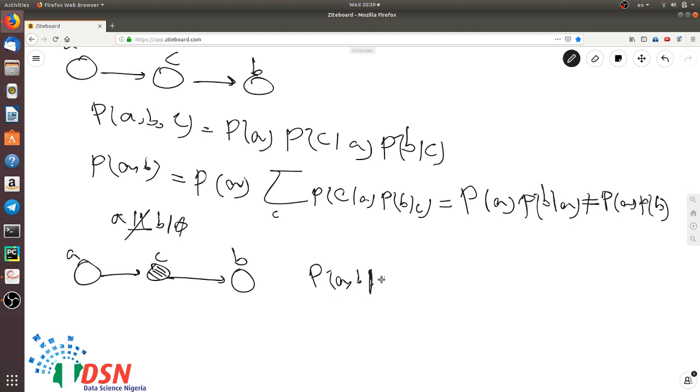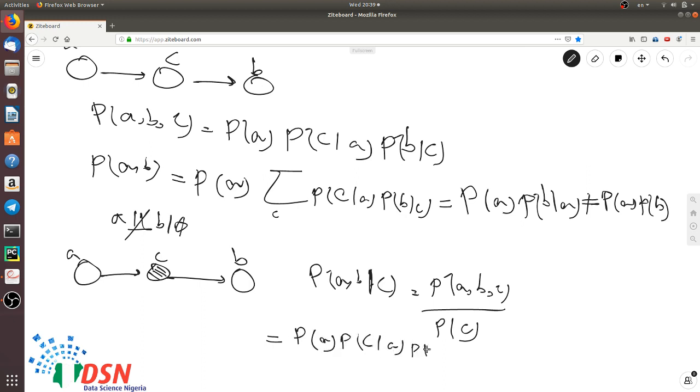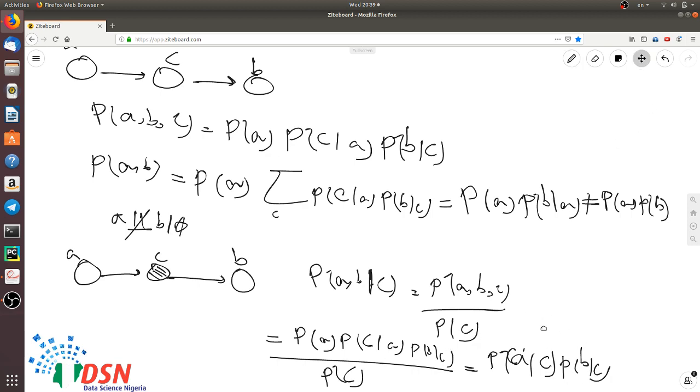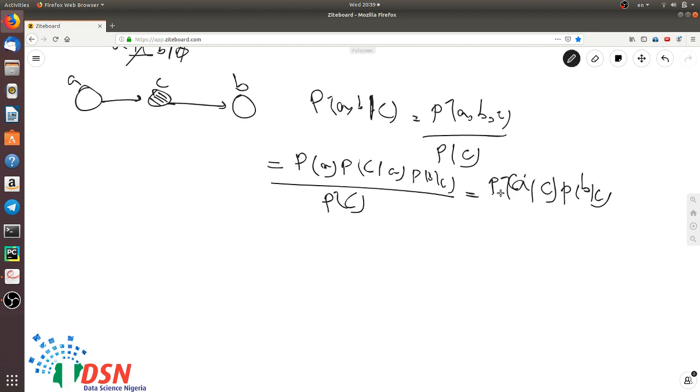I have P of A and B given C equal to P of A, B, C over P of C. If you write that, it is P of A, P of C given A, P of B given C over P of C, which is equal to P of A given C times P of B given C. As you can see, now I have the definition of statistical independence, so A and B are statistically independent given C. In other words, we get some insight from this graph.